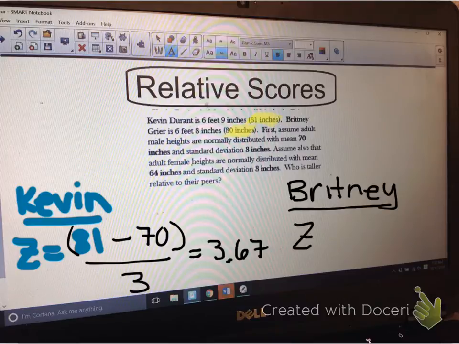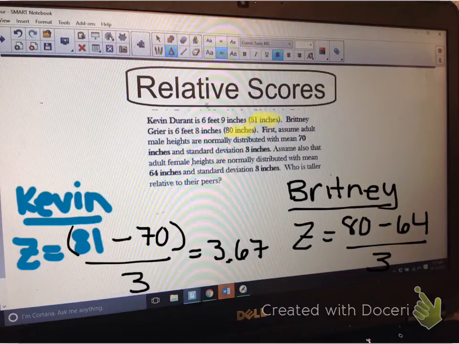Britney now will have a different mean, remember, because she's a woman. Britney's height is 80 inches, minus the mean for females, which is 64 inches, divided by the standard deviation, which is 3 inches. Excuse me while I change my pen color so you can see.